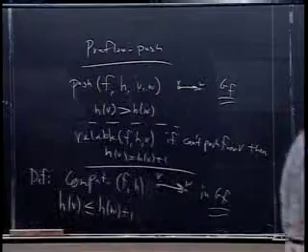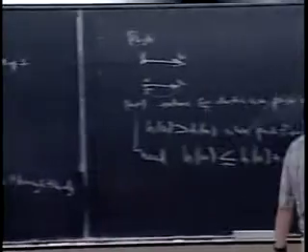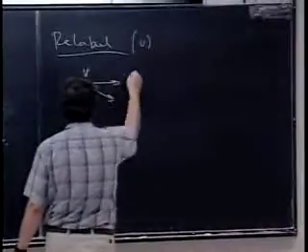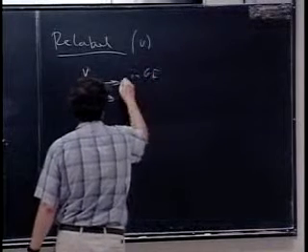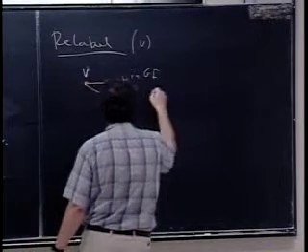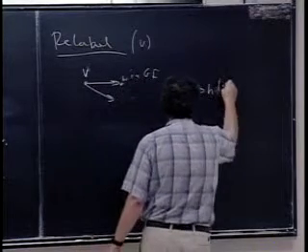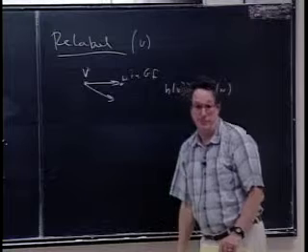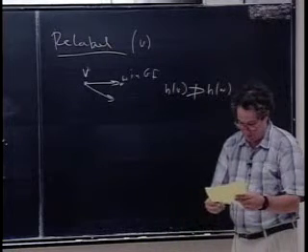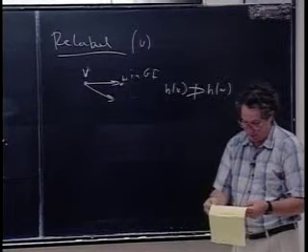All right, so we have a relabel, and if we look at all the edges in the residual graph, we don't have H of V greater than H of W, because if we did, then we'd be able to do that push. Okay, so what does that mean?